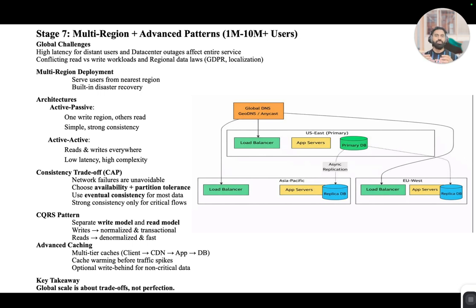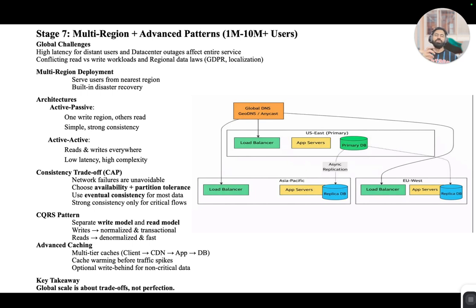That means a post may appear a second late, profile updates take time to sync up, and ratings may differ briefly by region. This is called eventual consistency in distributed systems.